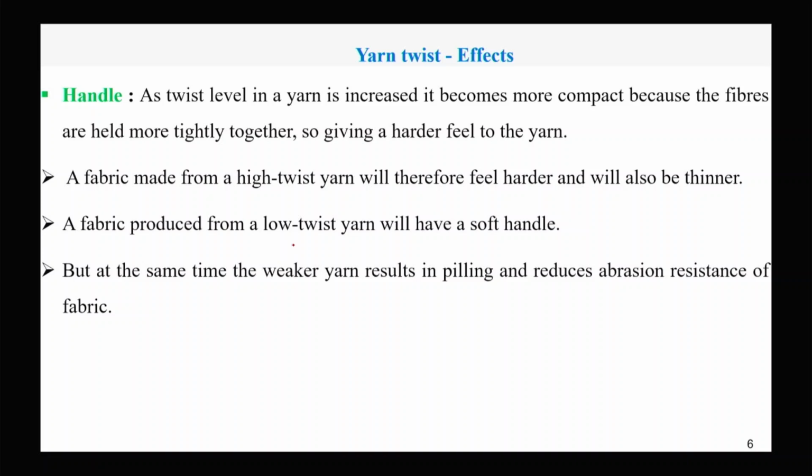As the low twisted yarn becomes soft in handle, the problem is that it will be weaker and pilling will be more, and abrasion resistance of the fabric will be poor because fibers will come out easily. So we have to optimize the twist parameter to have optimum fabric characteristics and optimum pilling and abrasion resistance.